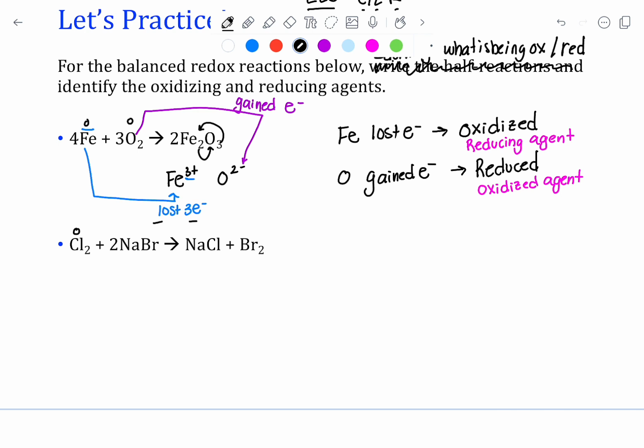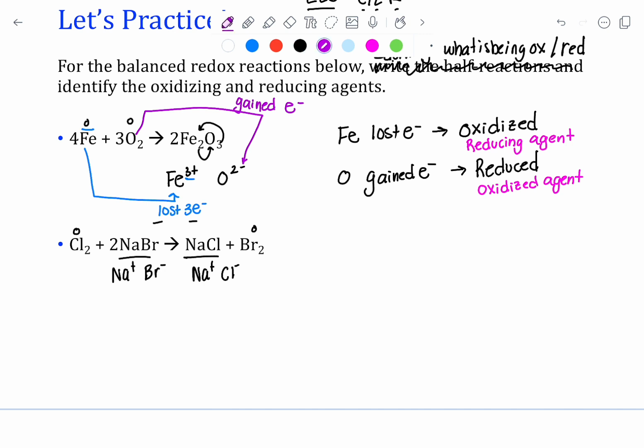The same goes for Br2, it has a charge of 0. NaBr and NaCl are both ionic compounds, so they're made up of ions. So we know Na has a positive 1 charge, and Br has a -1 charge. On the product side, Na again has a +1 charge, and Cl has a -1 charge.